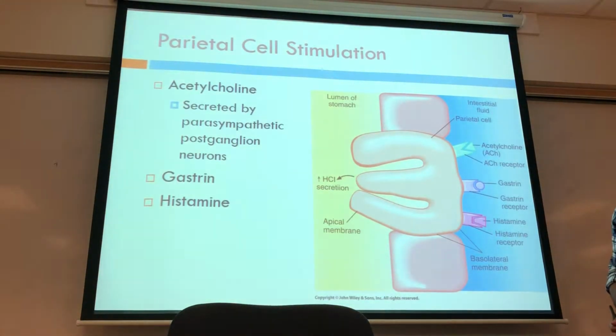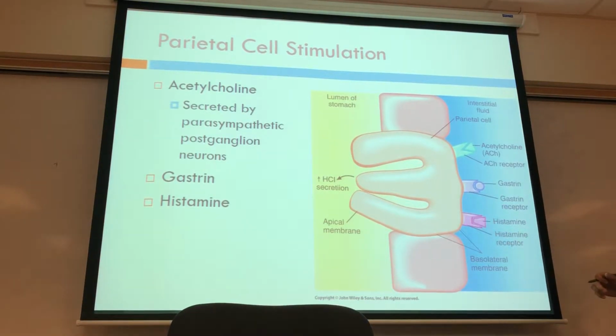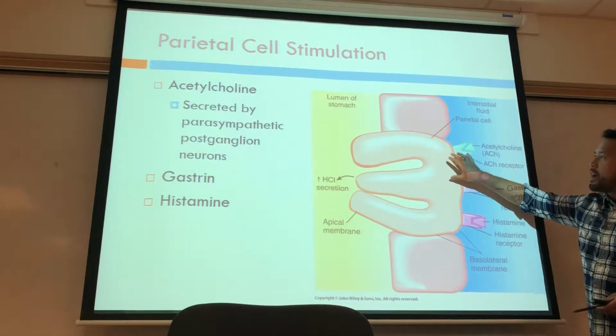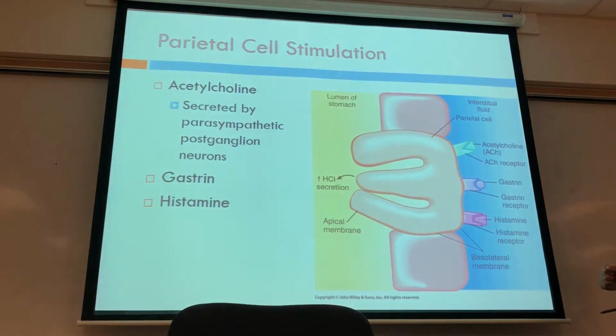So the postganglionic neurons that innervate the stomach are going to be secreting acetylcholine, not epinephrine. Epinephrine is used for the sympathetic pathways. Acetylcholine is going to be our main neurotransmitter. So we have cholinergic neurons that are present on the basal side of the parietal cell.